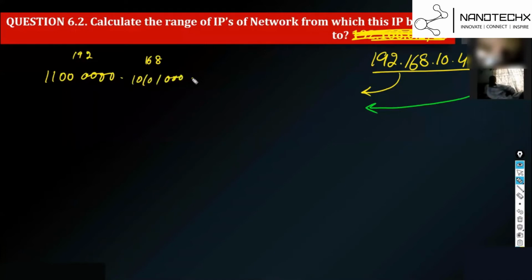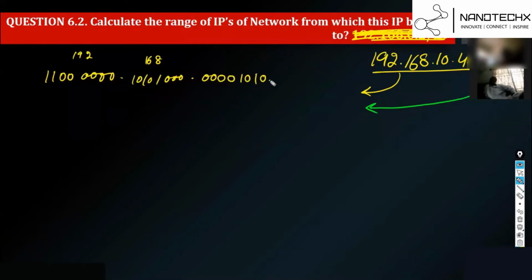Then 10 in binary is what? Now we have to do some calculations as well, but I know you can do them. This one in binary is 0000 and then 1010.